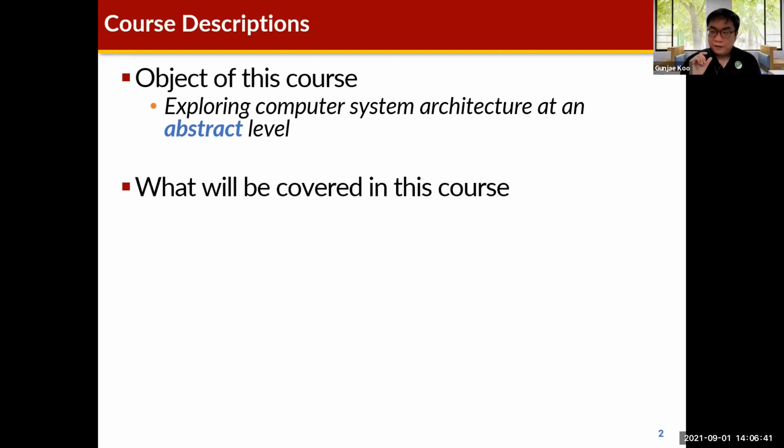Actually the goal of this course is exploring computer system architecture at an abstract level. So you need to focus on the abstract. Have you ever heard about the terminology abstract? I think it's not easy.